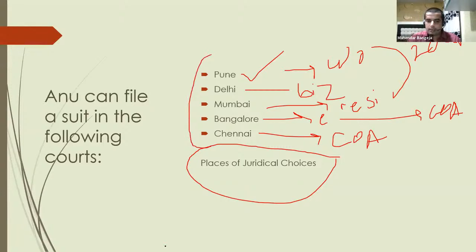Clear? Did you guys understand? Because it will get a little trickier, but it will get more beautiful, I would say. See, in this case, because we entered into a contract in Bangalore, and the contract was to be performed in Chennai, both the places will have jurisdiction because the cause of action was created in both the places.